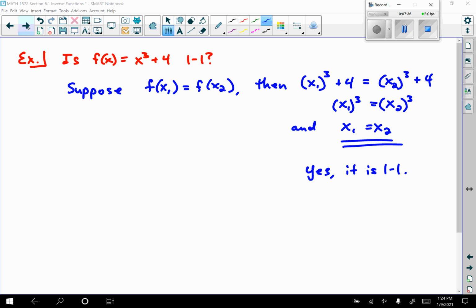All right, let's take a look at some relationships between a function and its inverse.